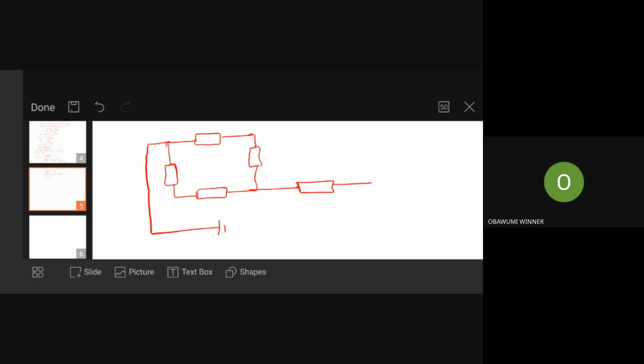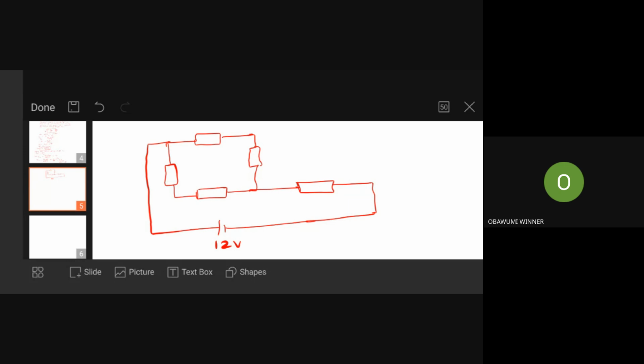Okay, so what I'm drawing is exactly what we have on the diagram. The next thing is to label. This is my 12 volts, which is the potential difference from that cell.